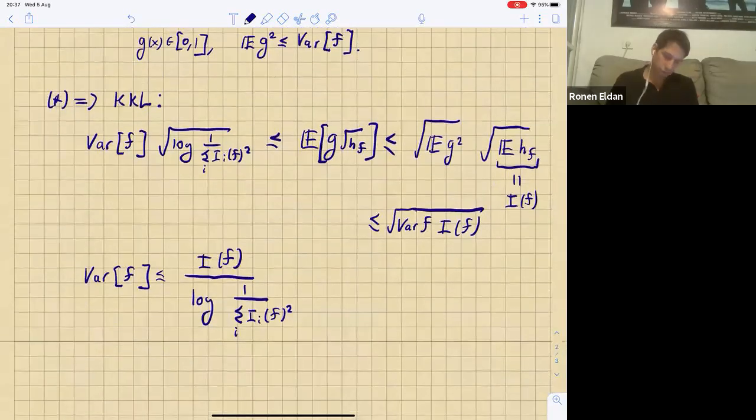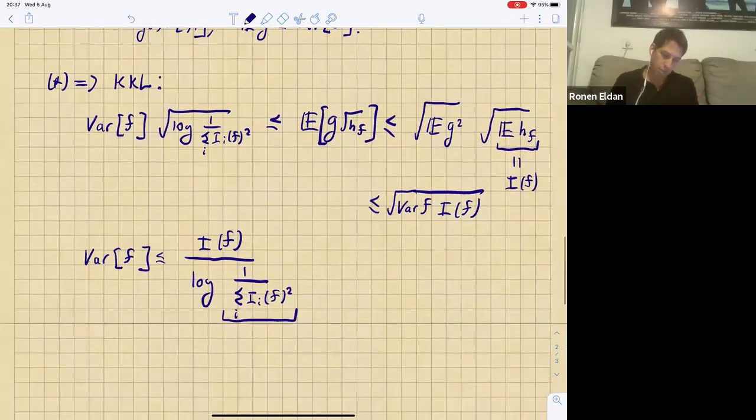And well, this sum is obviously smaller or equal, I guess I'm talking about the denominator. So maybe let me just write it here.